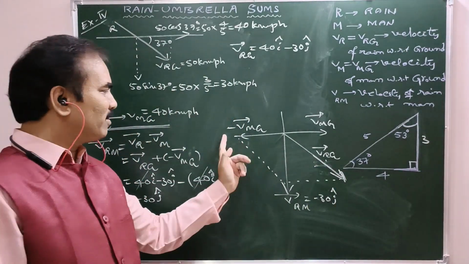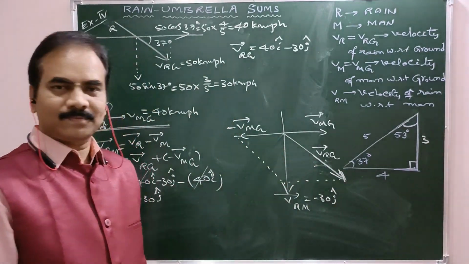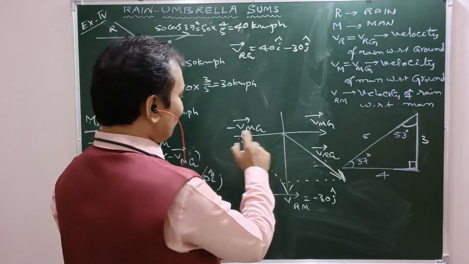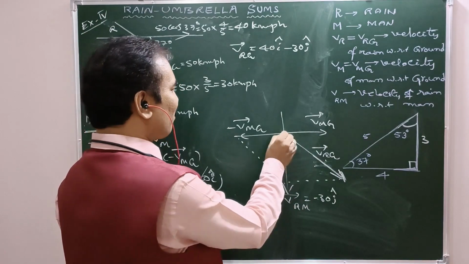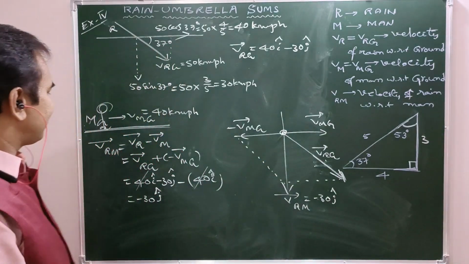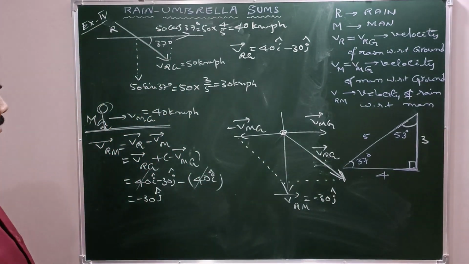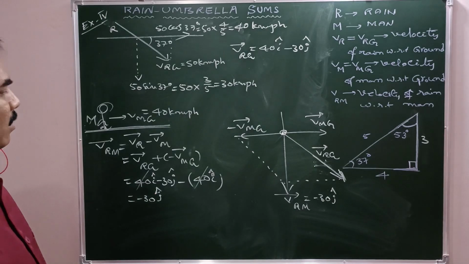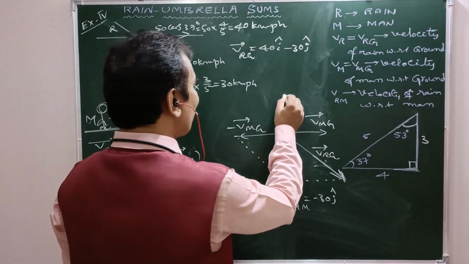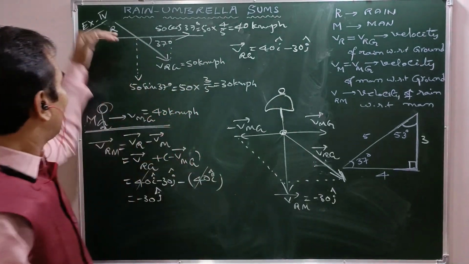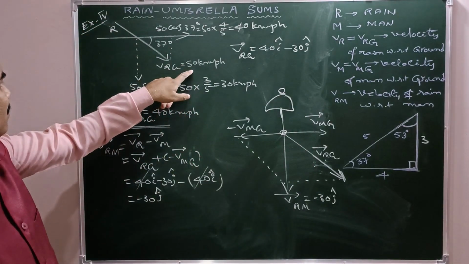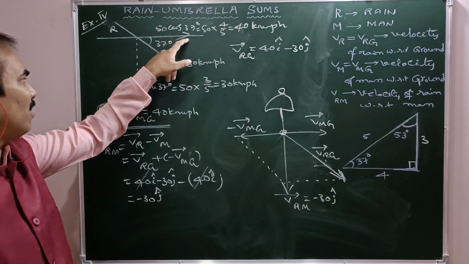VRM is the resultant of these two parent vectors, the diagonal passing through the same common point. Now you must hold the umbrella for the given velocity of rain, making 37 degrees with the horizontal.